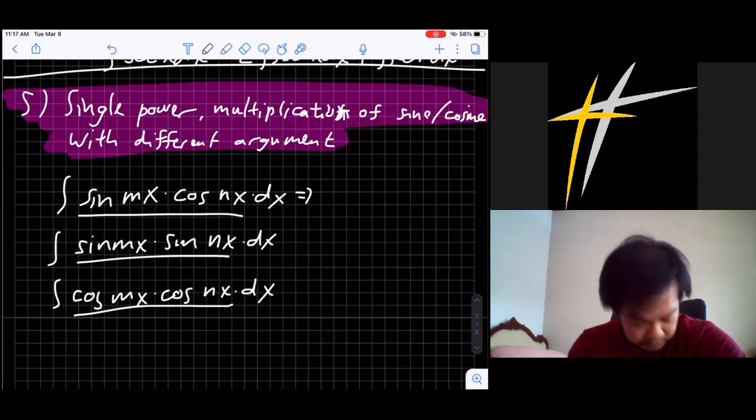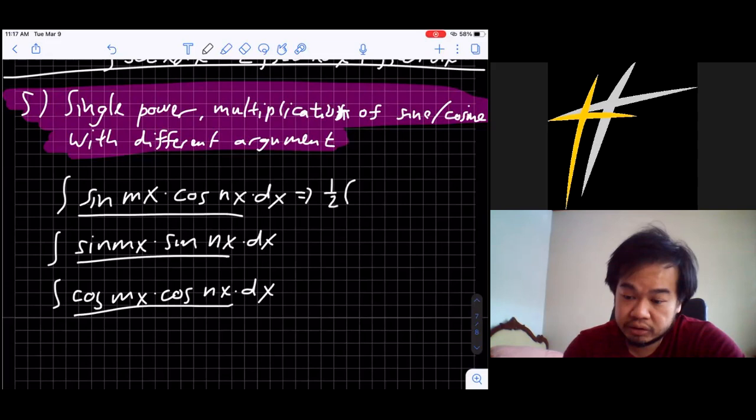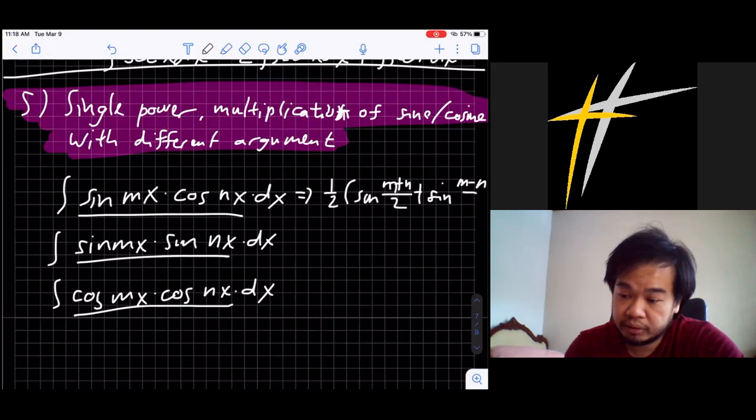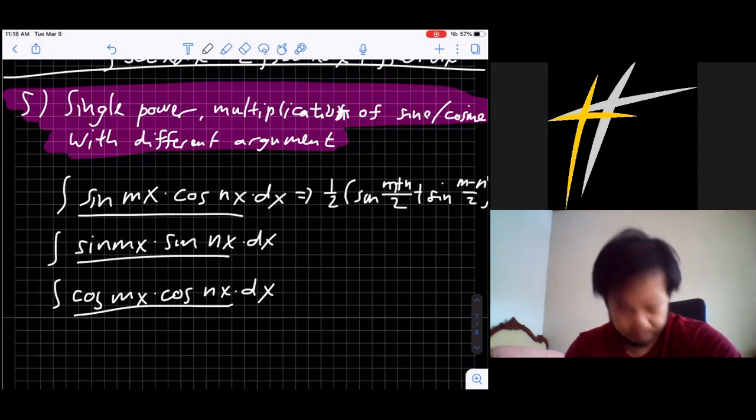So actually, sine times cos is equal to half of sine of m plus n plus sine of m minus n. No, actually it's not divided by 2, sorry.